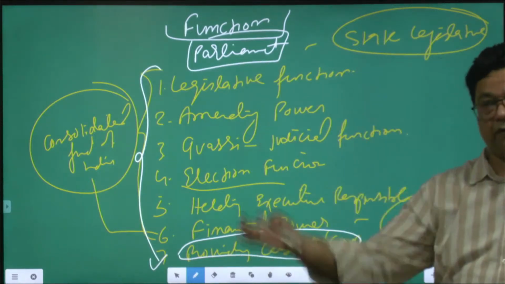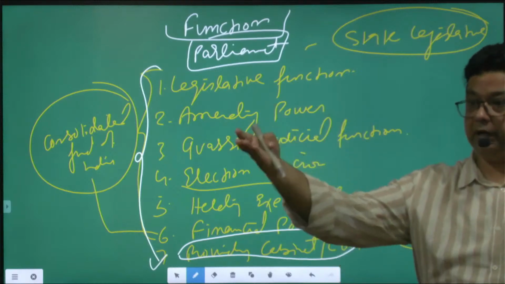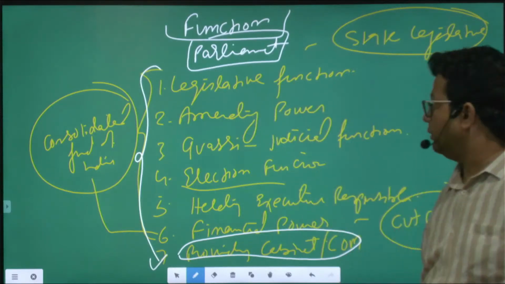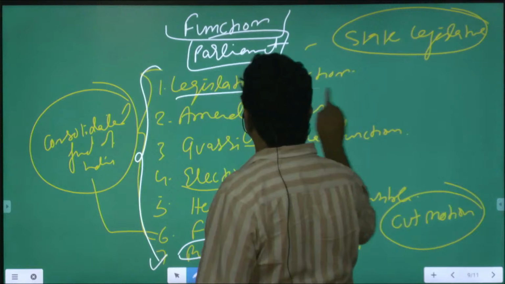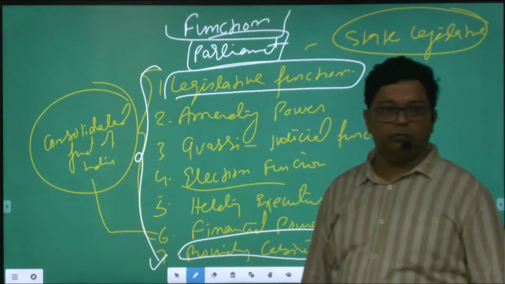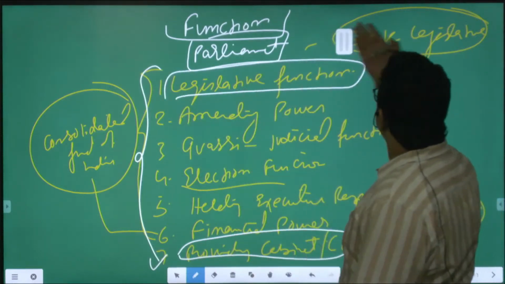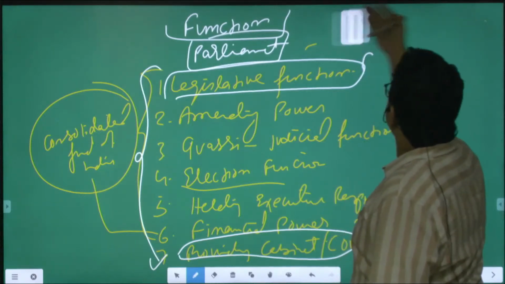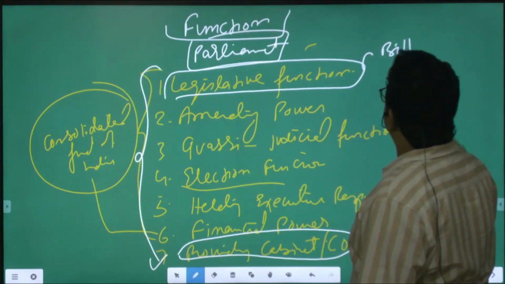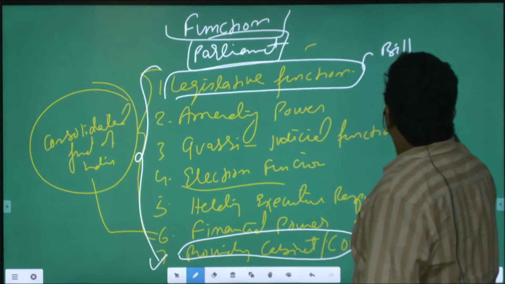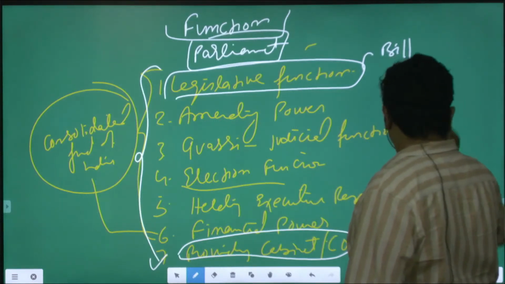Now each of the functions will be covered elaborately in a different way. When we talk about the legislative functions of the parliament, it means we're talking about how laws are made. So we'll talk about the bills, the types of bills, classifications of bills.